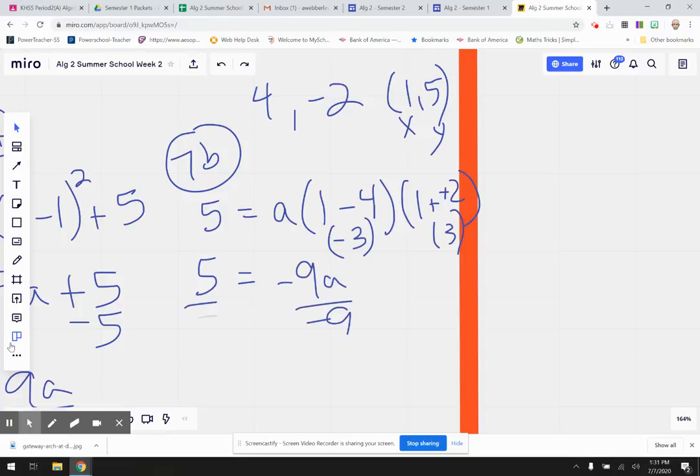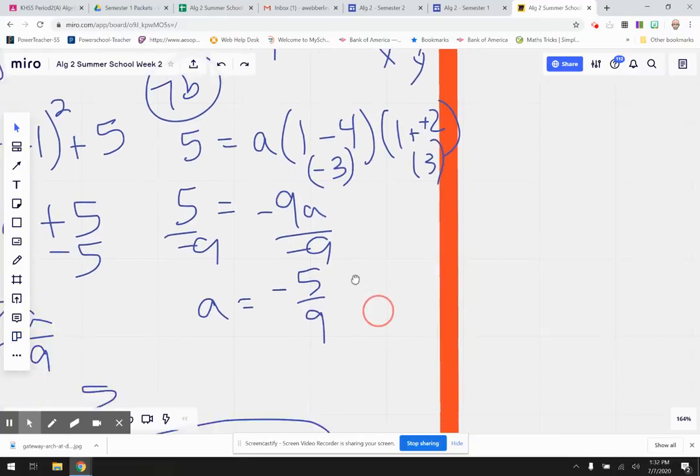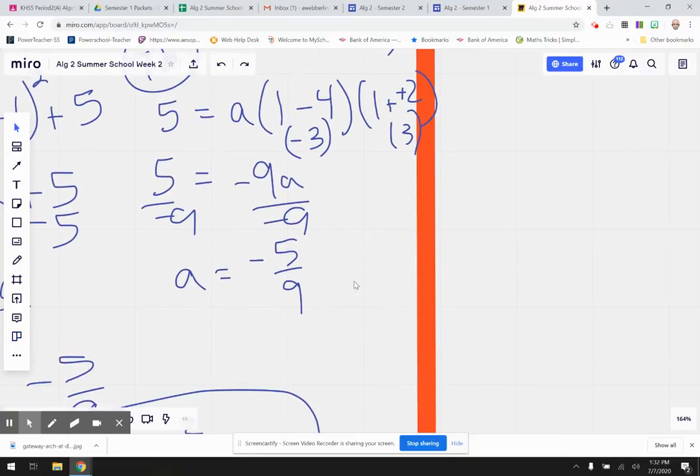Divide by negative 9. And your a is going to equal negative 5/9. So your equation then will be y equals negative 5/9 times x minus 4 and x plus 2.